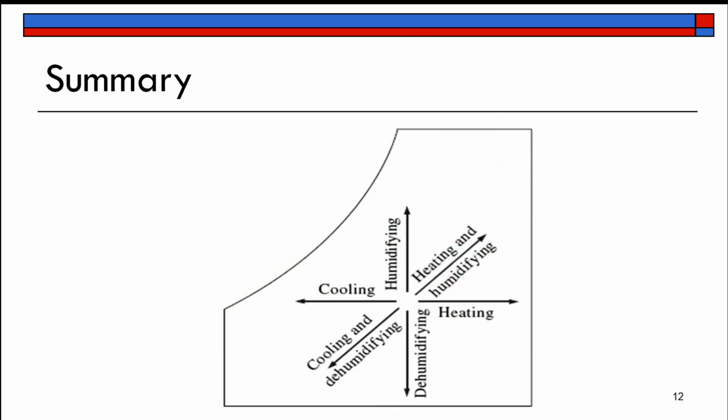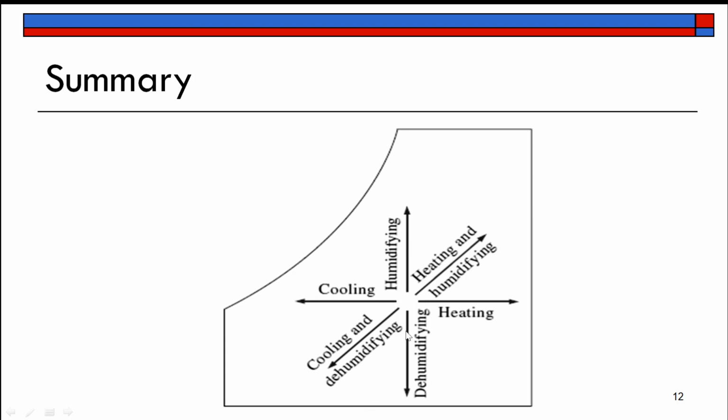So this is a summary of various processes we have seen so far: sensible cooling, sensible heating, humidification, dehumidification, cooling and dehumidification, heating and dehumidification, heating and humidification. So all these lines are drawn like this.